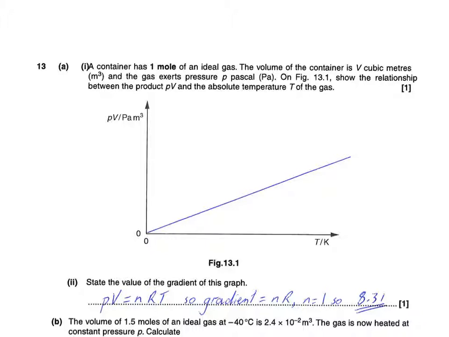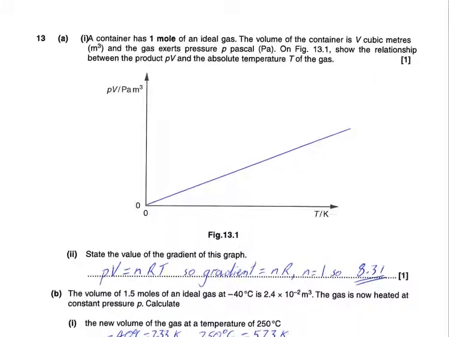So with PV equals nRT, I've got PV on my y-axis, I've got T on my x-axis. So where am I going with that?